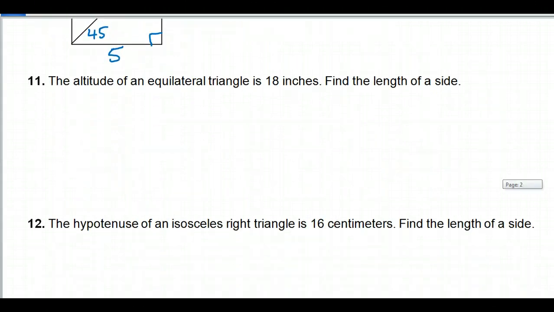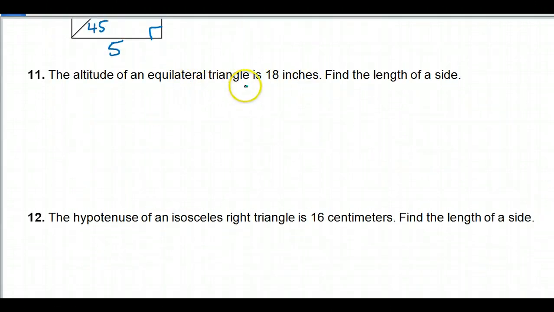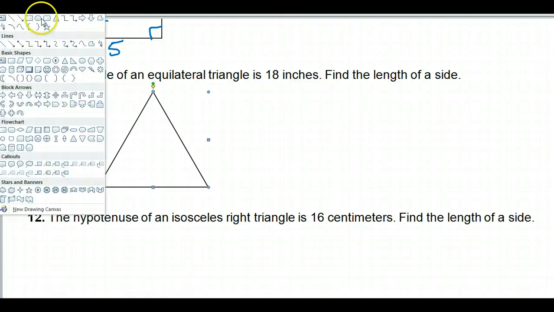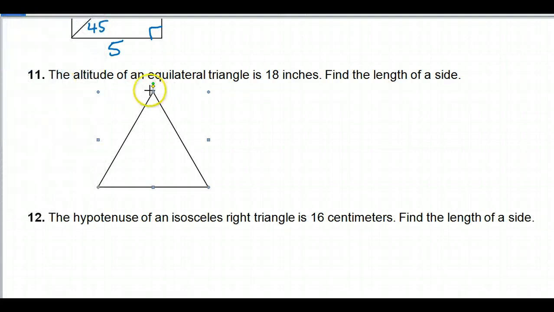For number 11, the altitude of an equilateral triangle is 18. Find the length of a side. Okay, so here's our equilateral triangle. And the altitude was 18, so here's my altitude. Alright, so the altitude is 18.